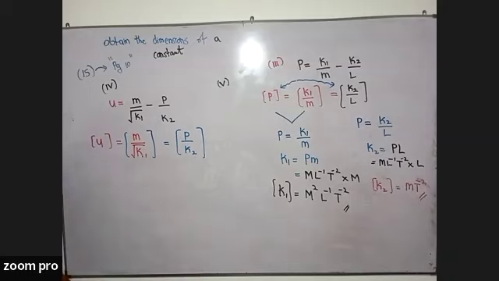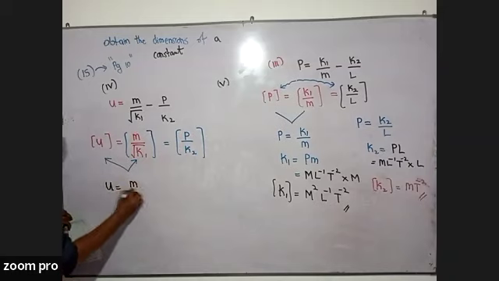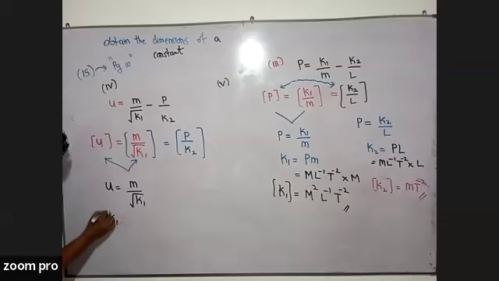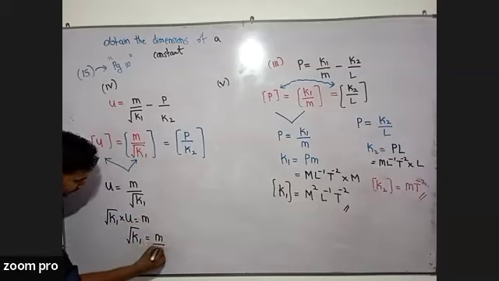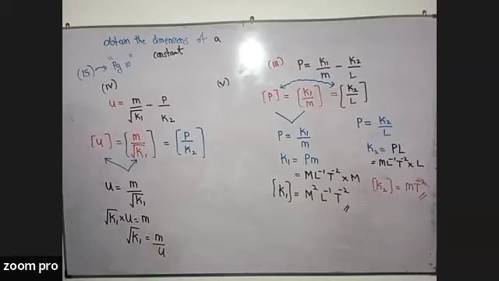Right? So let's consider these two expressions. Then the dimensions of U should be equal to M over root K1. So if I make root K1 the subject, then root K1 equals M over U, right?